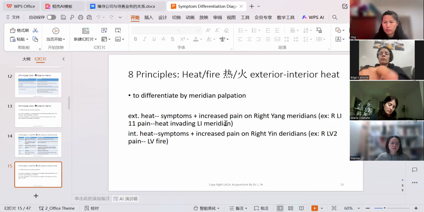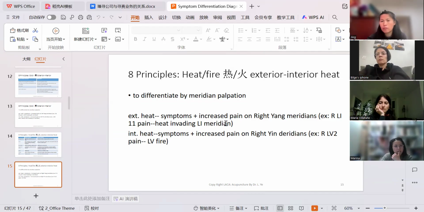With that, you can have very loud and aggressive tinnitus on one side, that type of noise. This type of tinnitus usually indicates some fire and heat. And then you could easily find liver 2 is painful, or liver 3 is painful. Then you can diagnose it as liver fire.